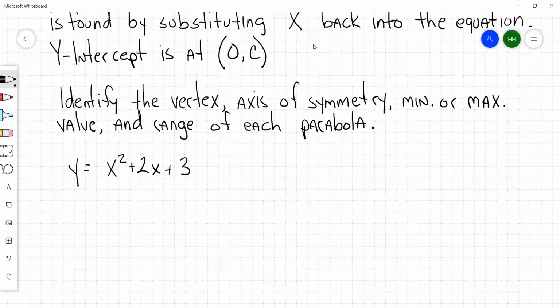And even before we do that, let's identify the A, the B, and the C. The A value right here is equal to 1. Your A is, when it's in this form, whatever's between the equal sign and the x squared. Your B value of this equation is the 2. And your C value of this equation is the 3.